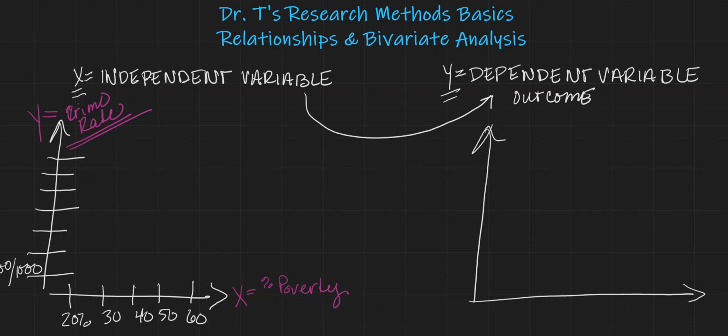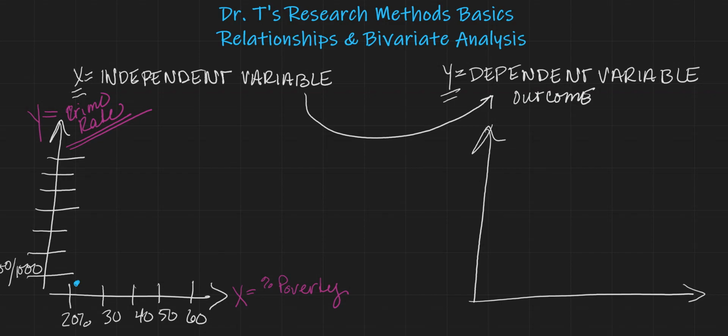Then I take a look at, say, 80 cities across the United States, and for every single one of those cities, I plot where their crime rate is in relation to the percent poverty of that city. So I would look at a city and say, okay, this city has 22% poverty, and its crime rate is way down here.